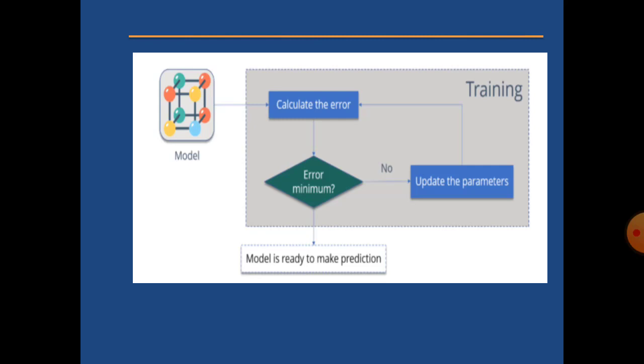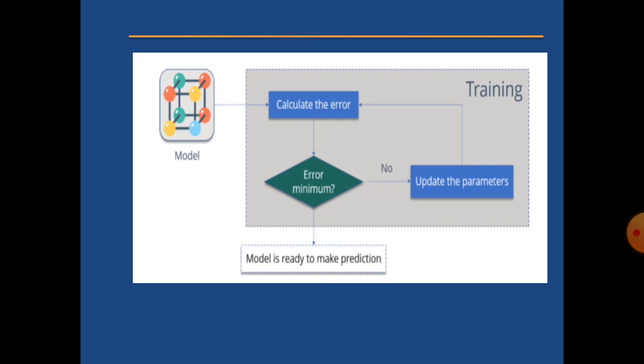After that, again we are going to calculate the error. After updating the weights, we repeat the process, get the calculated output, and compare it with the desired output. Again we calculate the error.